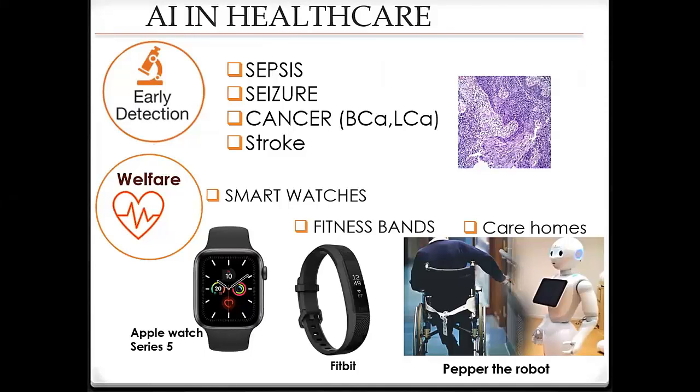Then right now for welfare, we have smartwatches and fitness bands. One example I would give is the Series 5 Apple Watch. It has the capability of tracking your ECGs and also other vital signs, so that in case there's a problem, it is able to predict and give you a warning. This is powered by machine learning.